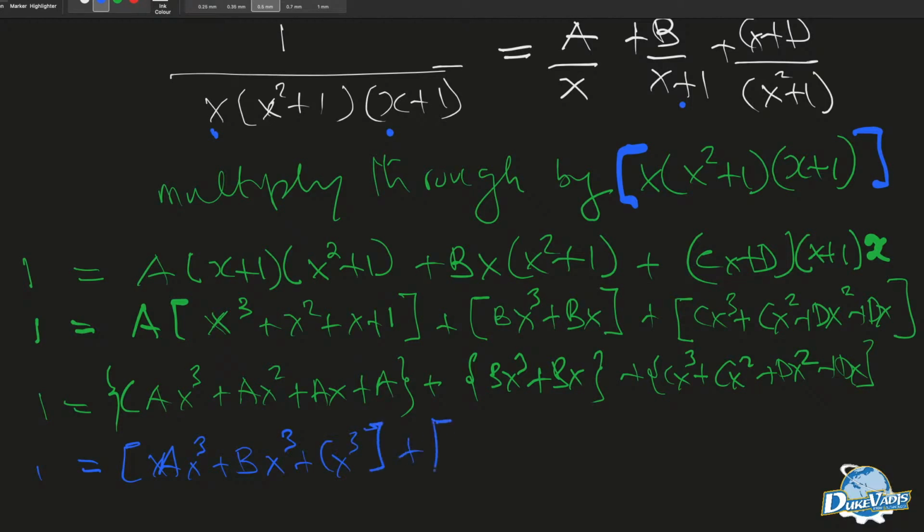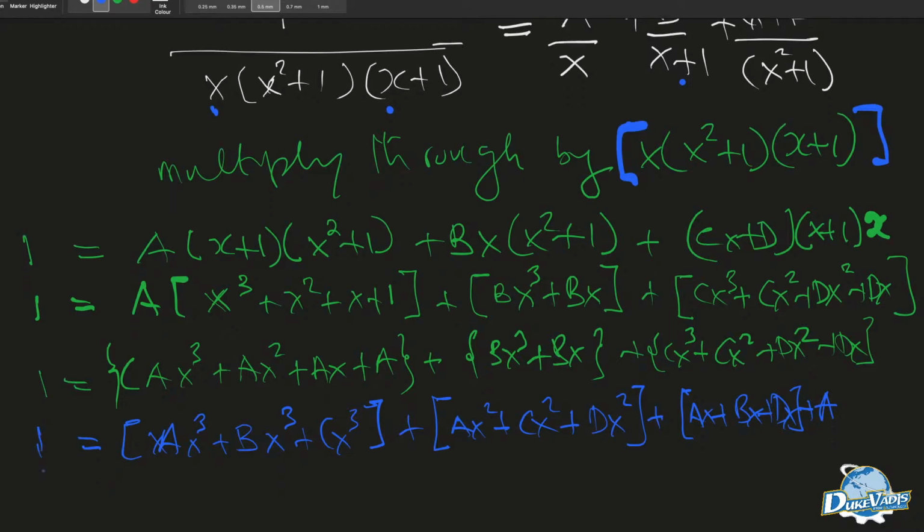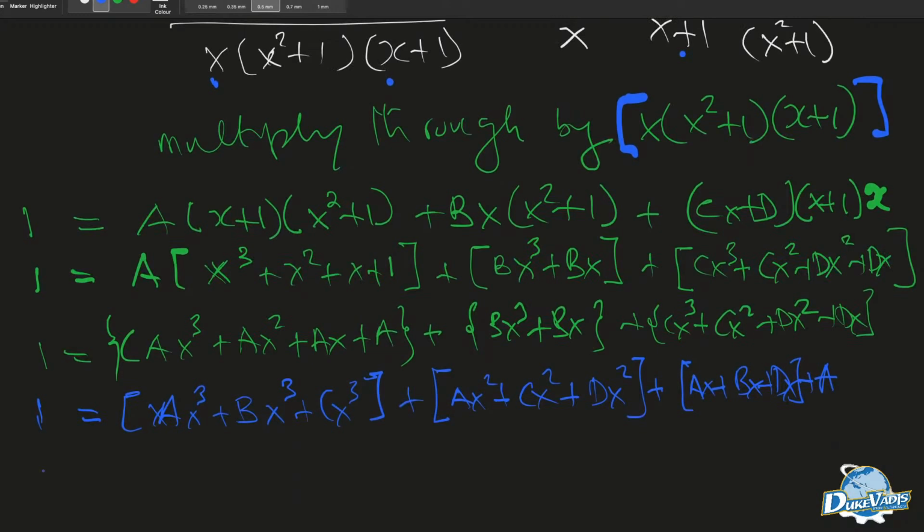Then we have ax squared plus cx squared plus dx squared into one bracket. Then we have plus ax plus bx plus dx plus a, in everything is equal to 1.